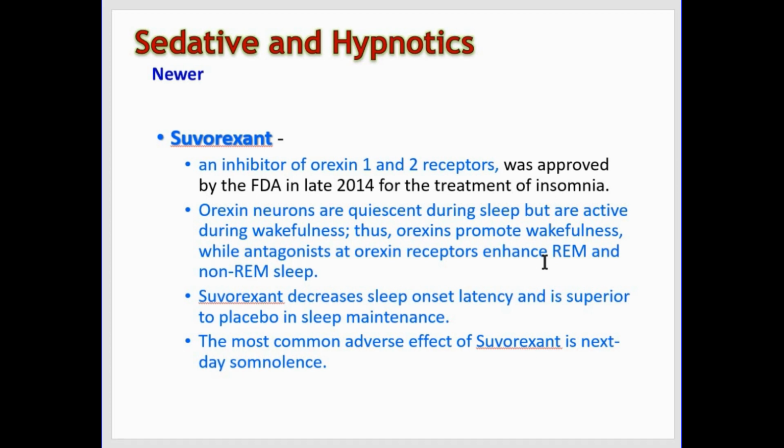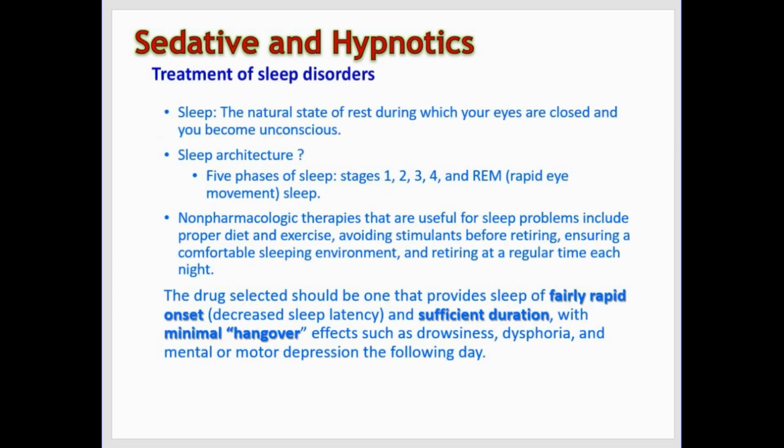For example, if somebody's job is driving, they still have an issue with sleep, and they take this drug, and the next day they have drowsiness. Like any of these drugs, such as benzodiazepines, if they're longer acting or produce some sort of drowsiness the next day, that's going to be detrimental for that patient. So you have to consider all these things before giving a drug to a particular patient.